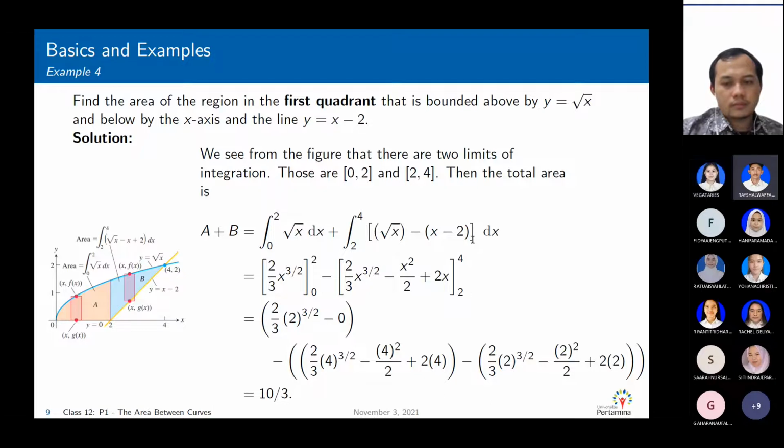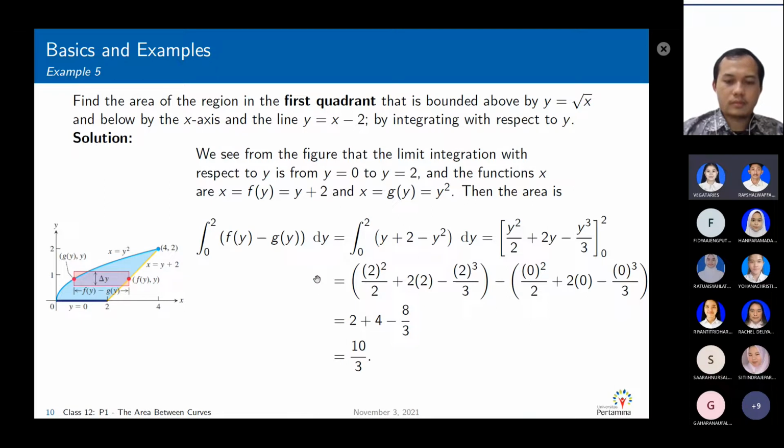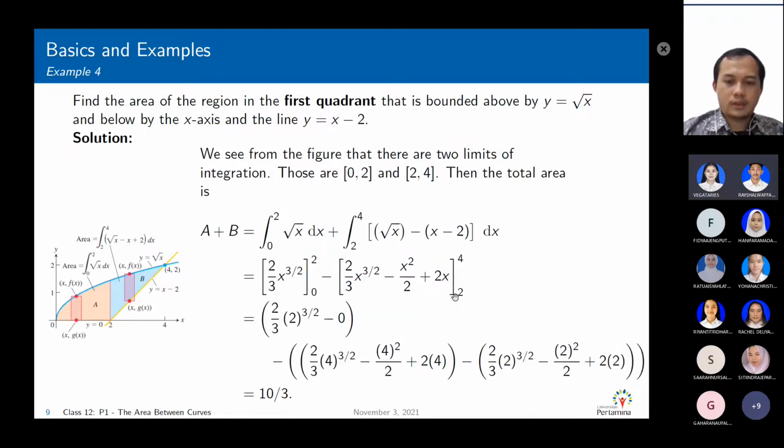I'm still processing, sir. I'm a little bit confused about the integral. It's the integral, yes.